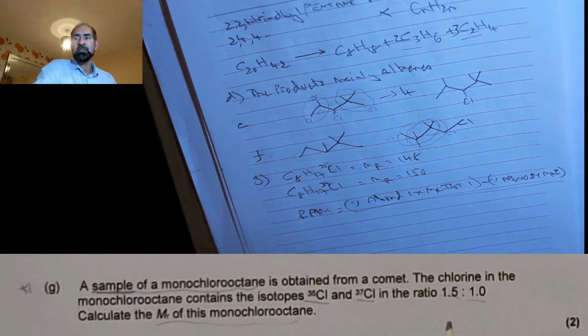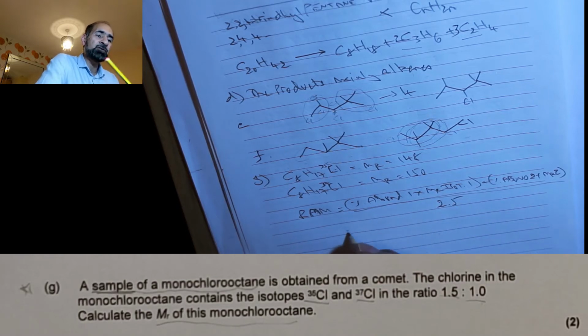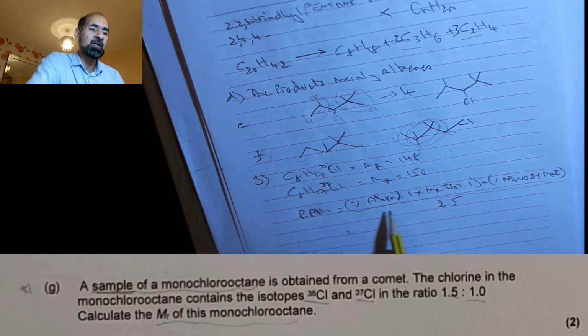In this case, they're giving you the abundance in ratios, 1.5 and 1.0. So what you do is you add them together, you get 2.5, so you've got to divide by 2.5. And so you literally put the values in. Let's assume this is isotope 1, this is isotope 2.